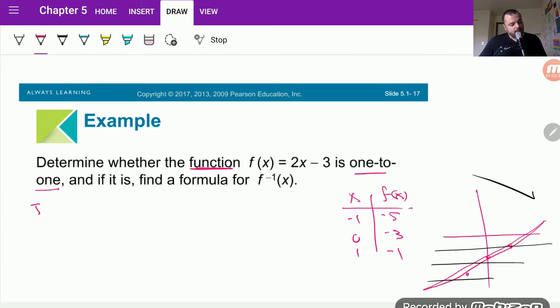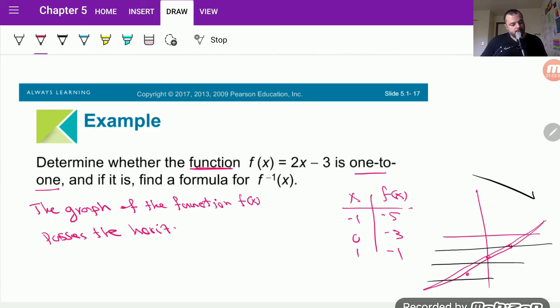So the graph of the function f passes the horizontal line test.